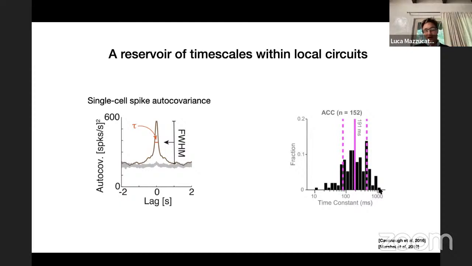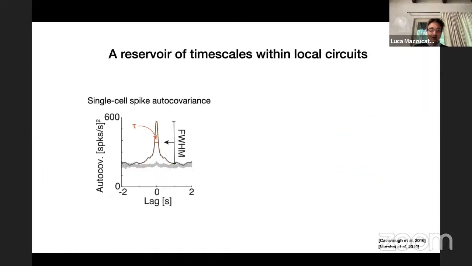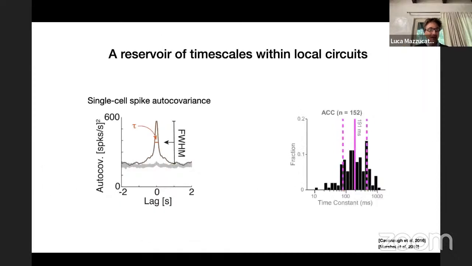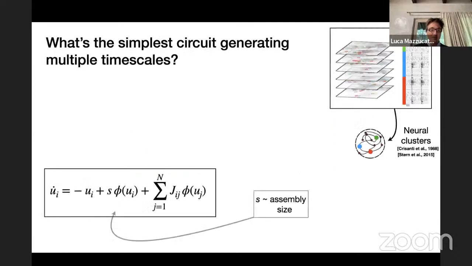And so our question is, what's the simplest mechanism that could give rise to this heterogeneity of timescales in terms of recurrent dynamics? A simple model to study this from first principles is a network of recurrently connected rate neurons, rate units. And so that's what we started from.